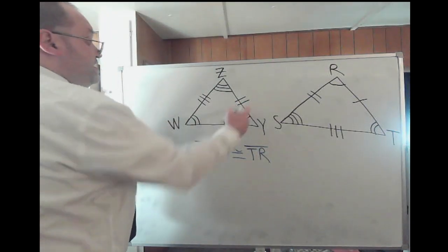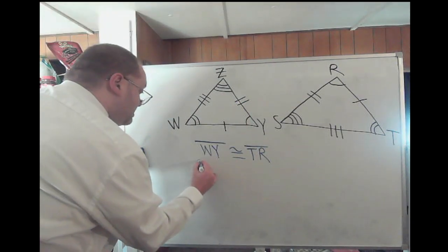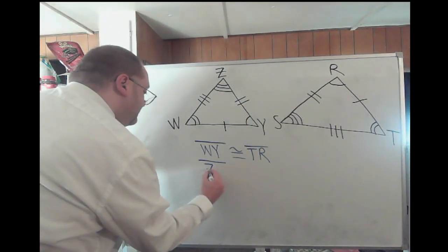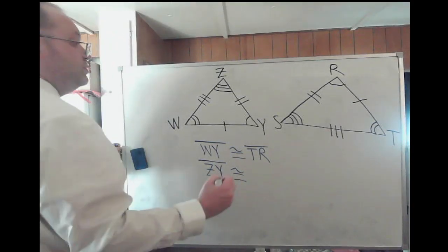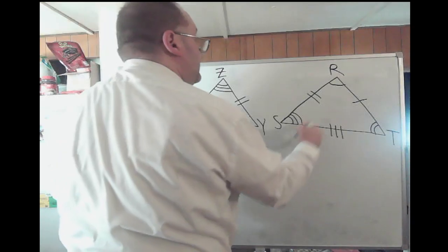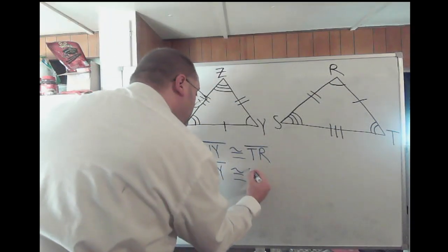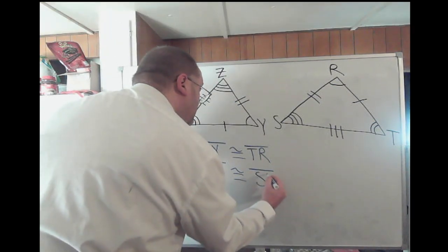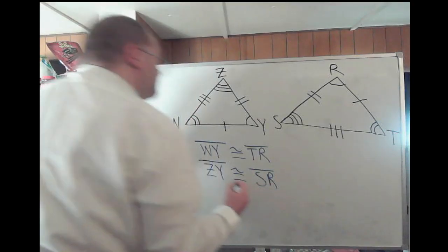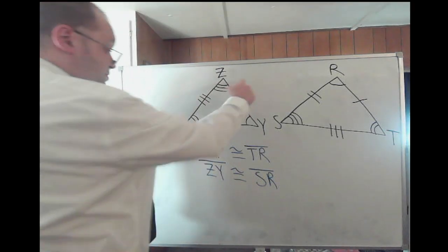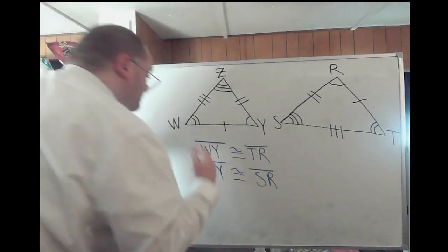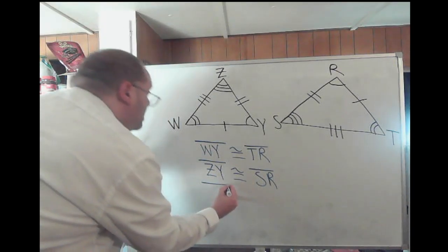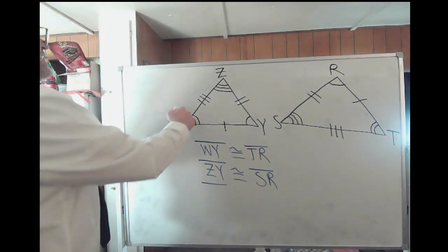Let's start with the 2 tick marks. So it looks like ZY is congruent to SR. Yeah, so line segment ZY is congruent to line segment SR. Now there's one more side to find. So we got WZ.